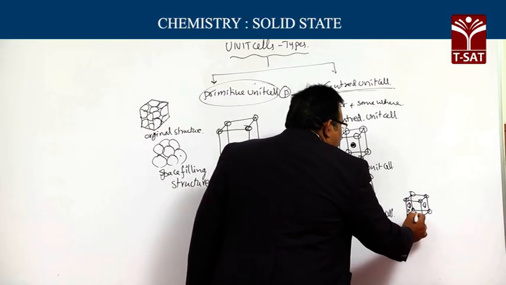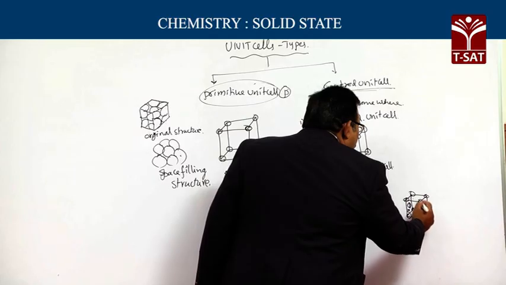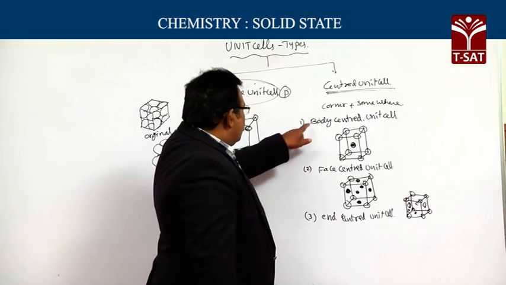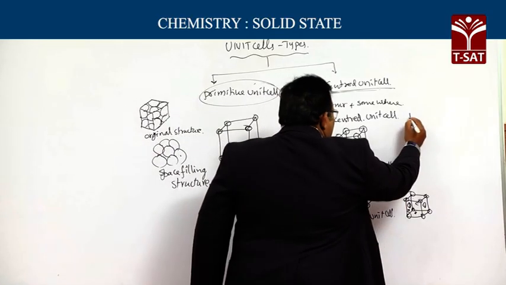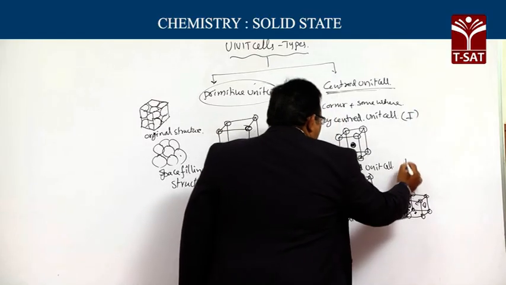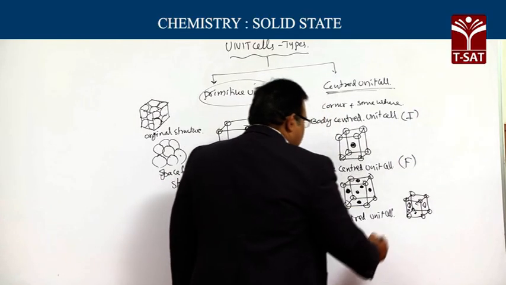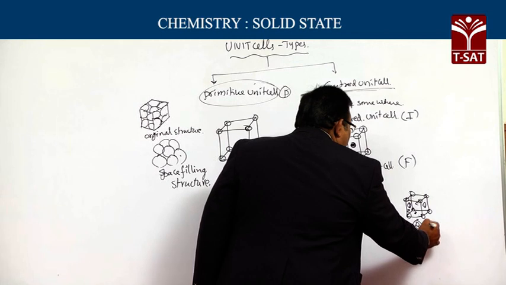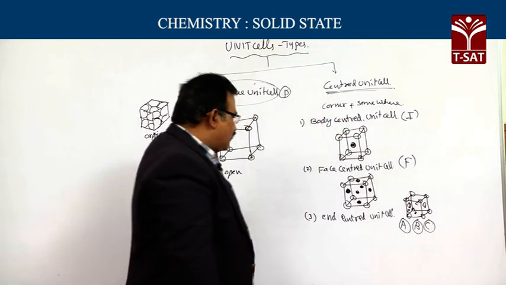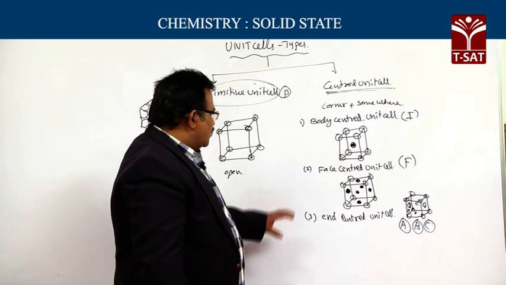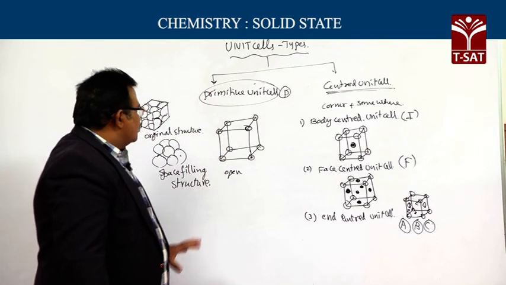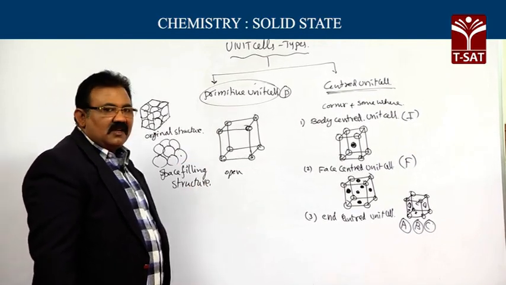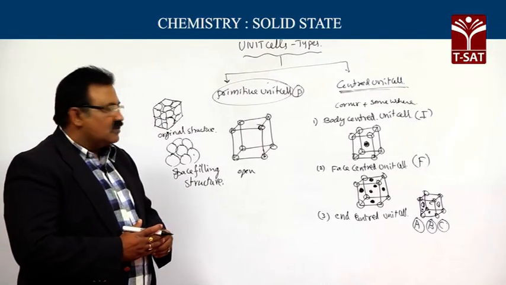This is A face, this is B face, and this is a C face. So, body centered unit cell is also denoted with I, face centered unit cell is F, end centered unit cell is denoted with either A or B or C depending upon the opposite faces and their occupancy. So, basically these 4 kind of unit cells exist in all the crystal systems.